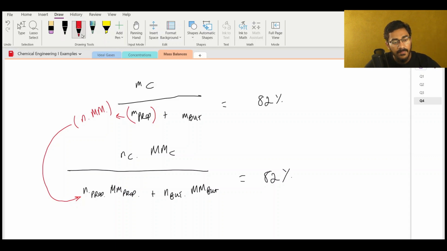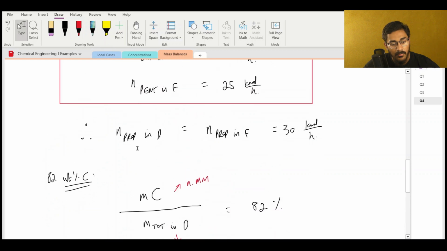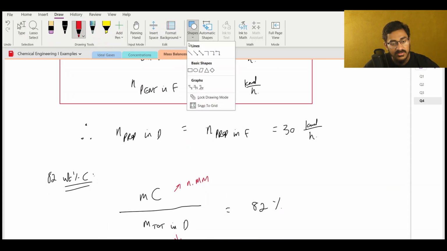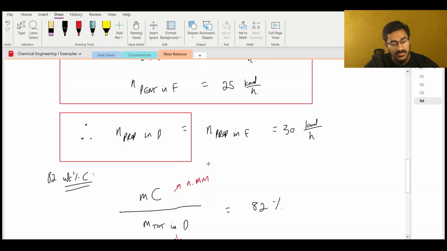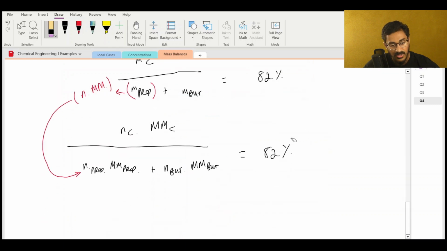Now remember, I know the number of moles of propane in D, in the distillate. The number of moles of propane in the distillate is equal to 30 kilomoles per hour. Oh, and let me add this in here. This is number of moles of propane in the distillate, number of moles of butane in the distillate, and this is number of moles of carbon in the distillate.